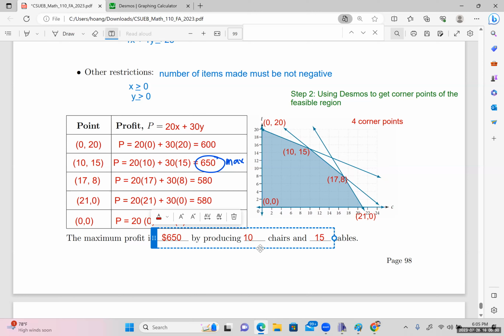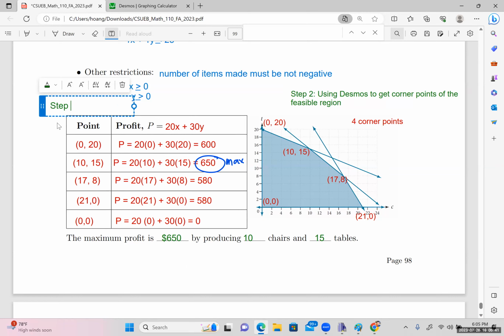Okay, and I change it to green. So that's going to be it for, actually, I should state step 3 here, right? When it is comparing points to get the max profit. So that's going to be the last step.